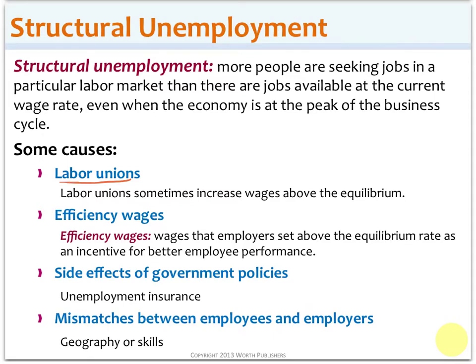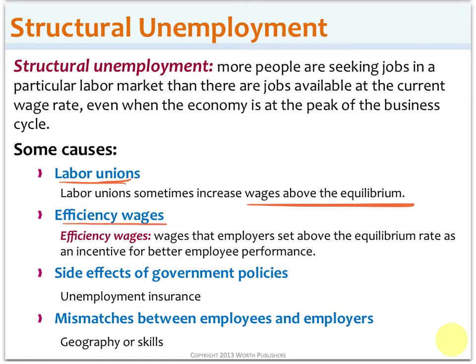So sometimes when labor unions are strong, they're not so strong in the U.S. anymore, so this doesn't seem to be as much of an issue. But if you had a strong labor union that pushed the wage far above its otherwise equilibrium level, you might experience some unemployment as firms decided to hire fewer workers, maybe produce less or substitute machines for workers.